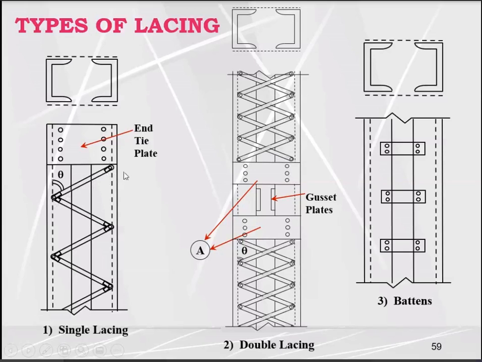This A value is not the unbraced length of a single section here. This is the length of the lacing that we are considering for the design of lacing as a compression member, and that is the distance between the center of this fastener to the center of the fastener on the other side.